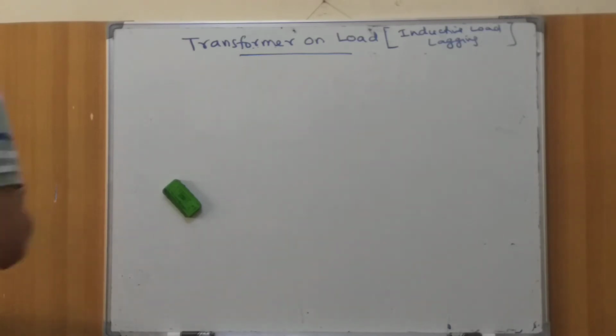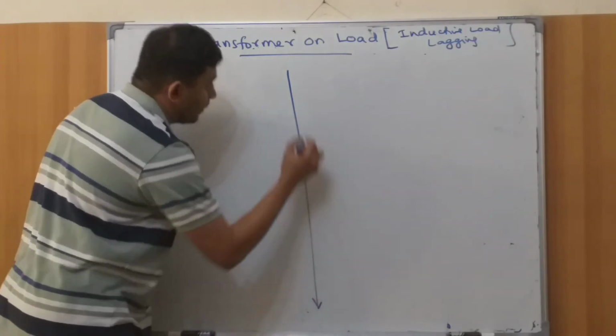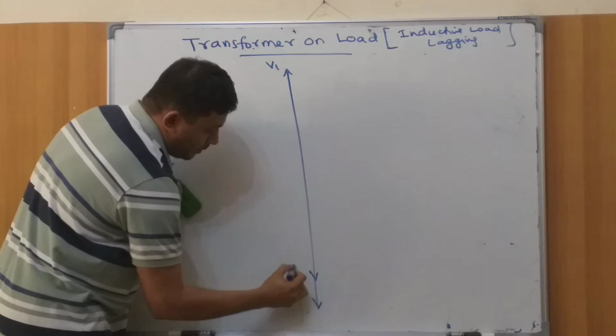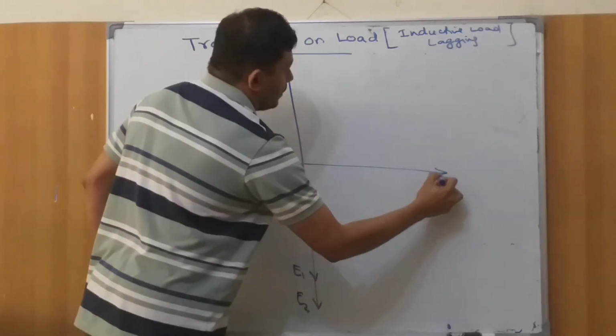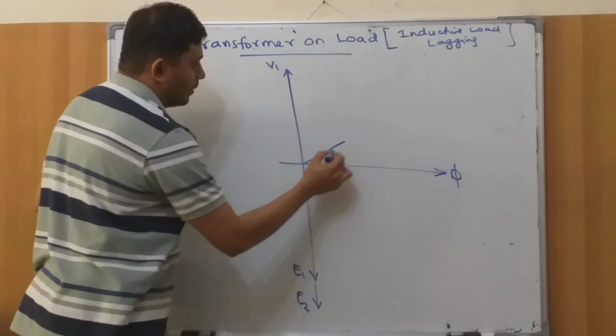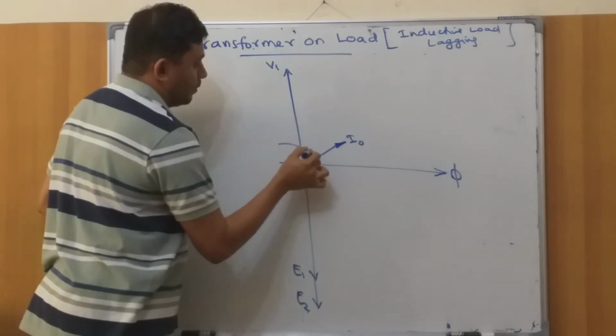So what will happen if the load is lagging or inductive? The same, so we are going to mark here V1, E1 and E2 is supposed to be here, and this is flux, right? And already we have I0 with an angle.